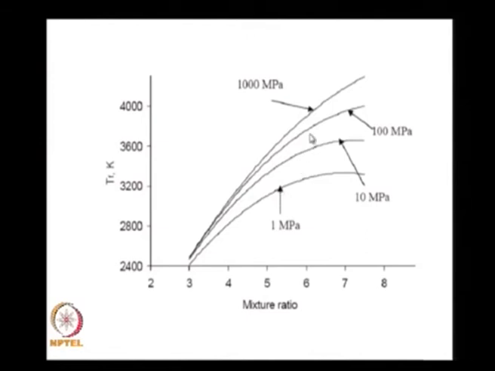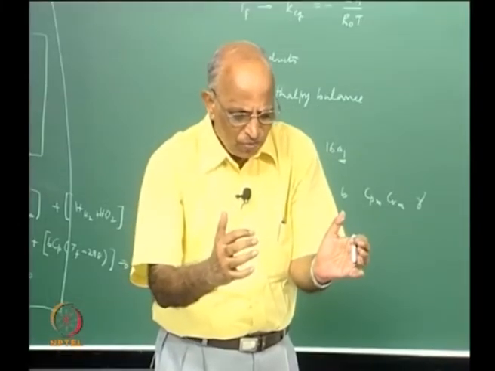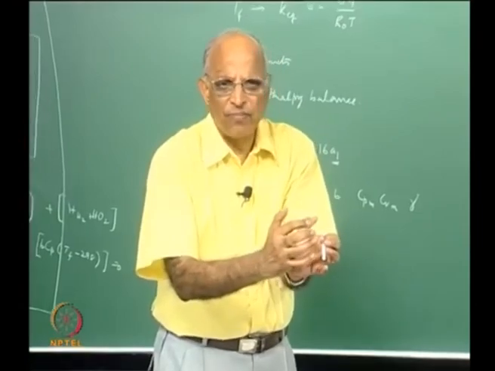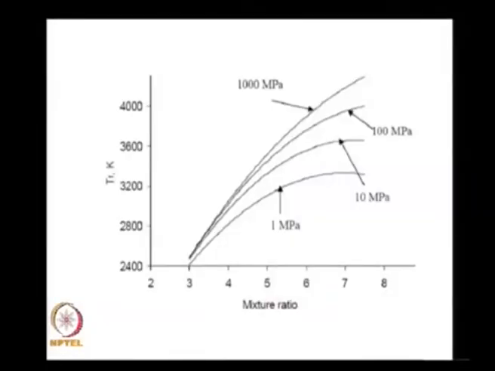At higher pressure, the gases cannot dissociate because you are forcing the gases into a smaller region, and therefore you get more completed products of combustion, and the temperature is higher. As pressure reduces, to something like 10 bar, that is 1 MPa, the temperatures are much lower than at 1000 MPa. Therefore at higher pressure the dissociation is less, and I can get a higher value of flame temperature. See, we are able to interpret now, having understood the problem.